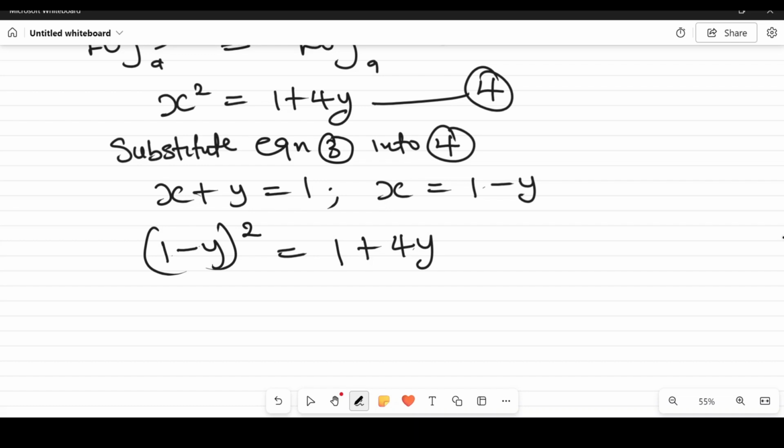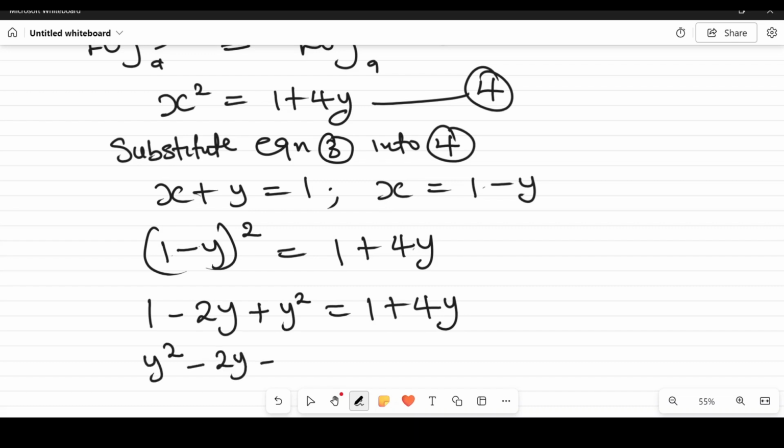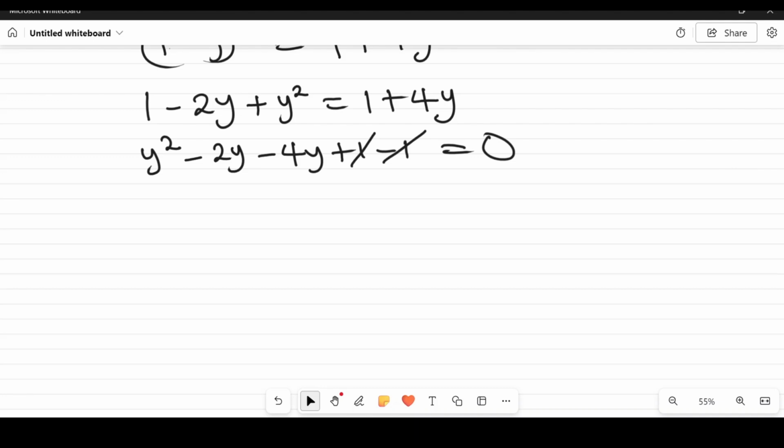If we expand this bracket here, I will have 1 minus 2y plus y squared equal to 1 plus 4y. Our equation becomes y squared minus 2y minus 4y plus 1 minus 1 equal to 0. So plus 1 and minus 1 will cancel out. Our equation will reduce to y squared minus 6y equal to 0.